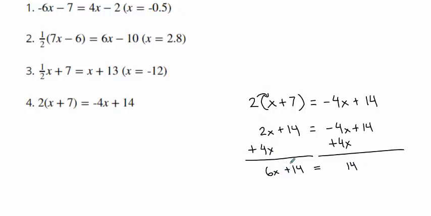Now I want to get this x by itself, right? So I'm going to subtract 14 and subtract 14. So 6x is equal to 0. Well, there's only one number I can multiply by 6 to get 0, and that's 0. And so the answer has to be 0.